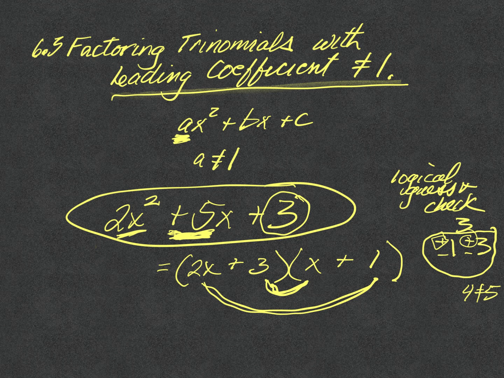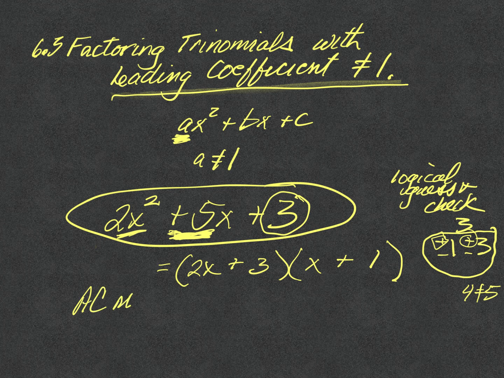And so that's how I learned how to do it. But as I taught longer, I found a more direct way to do that, and that was what is called the AC method.